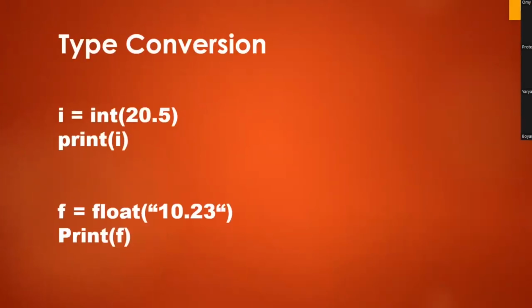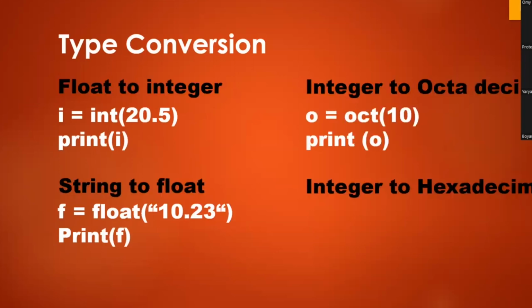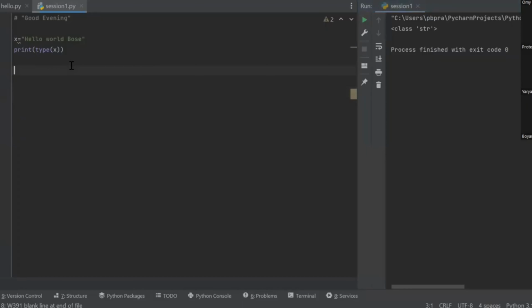Then the topic that comes in is type conversion. What is type conversion? What if in the programming language I have received a number x equal to 10.5, but I want only 10? I don't want 0.5.